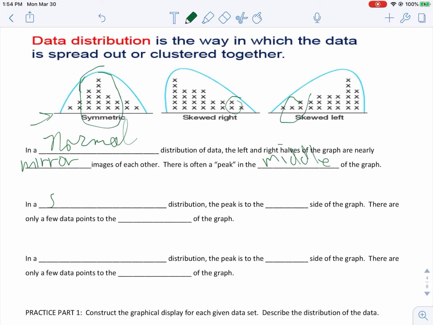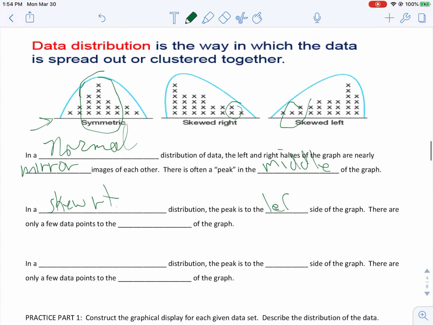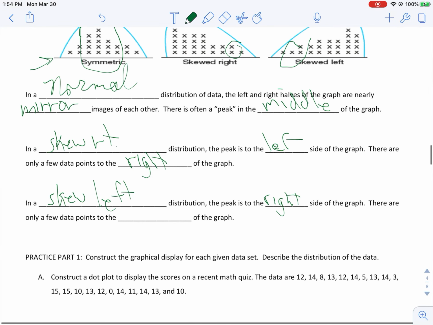In a skew left or skew right distribution, the peak is on the left. There are only a few data points on the right. In a skew left distribution, the peak is on the right, and there are only a few points to the left of the graph.